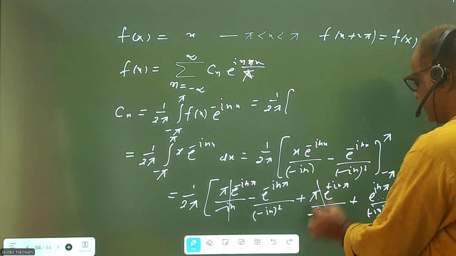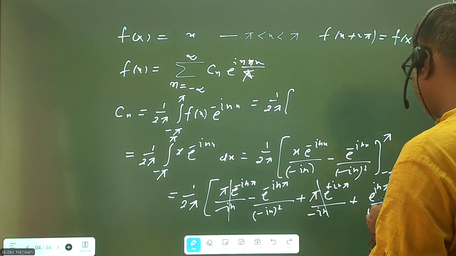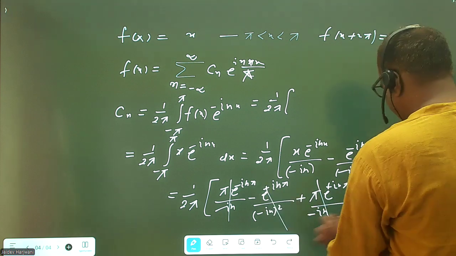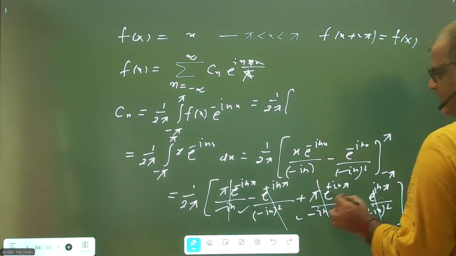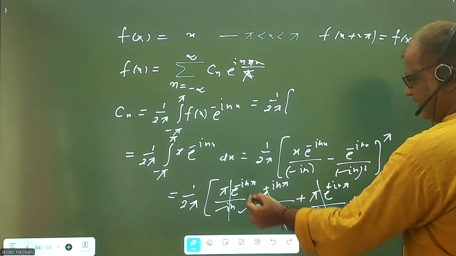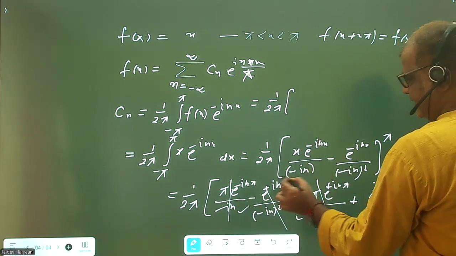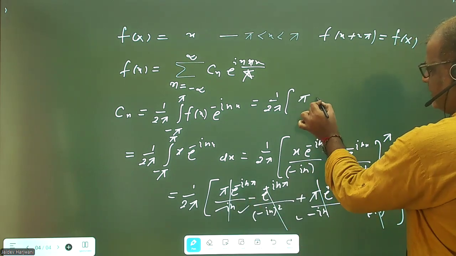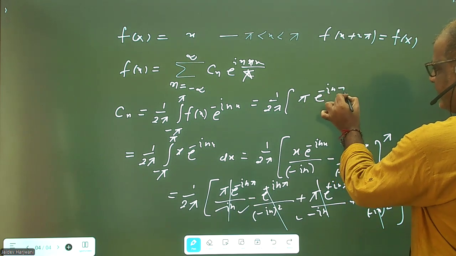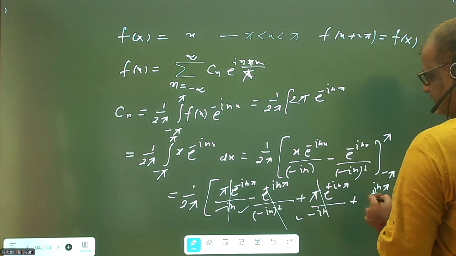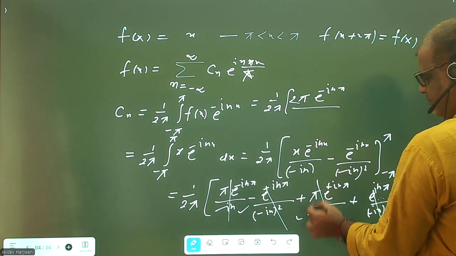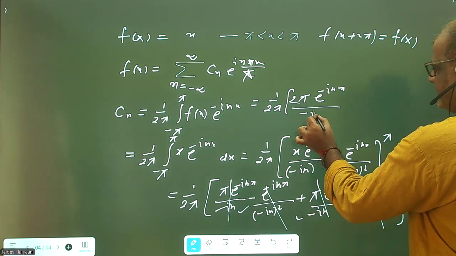This will remain minus here. Now these two terms will be cancelled out and these two will be added. So you have Cn equal to 1 upon 2 pi, you have pi e to the power minus iota n pi, 2, and then you have minus iota n.